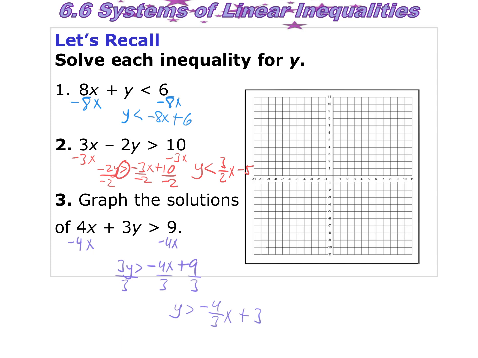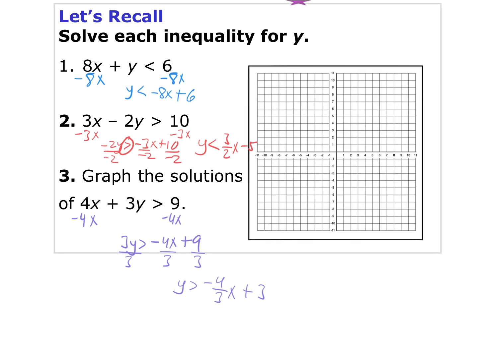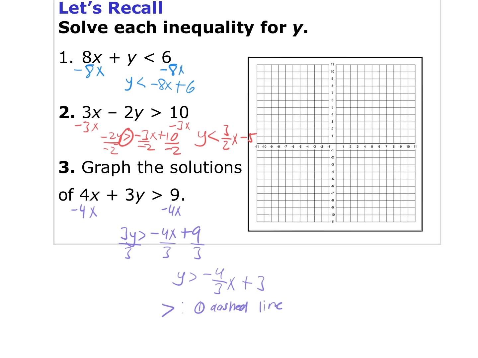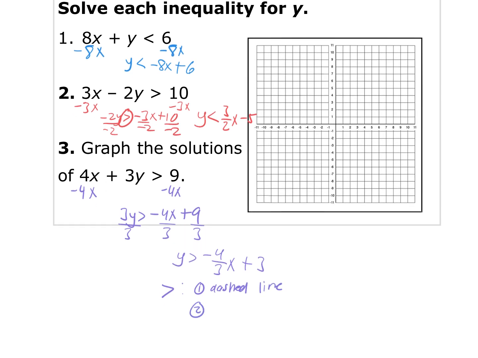And then if we remember, this inequality is going to tell us two things. One, it's going to be a dashed line, because it is a strict inequality. And the second thing is that it's going to be shaded above. So it's going to be dashed and then shaded above, right?